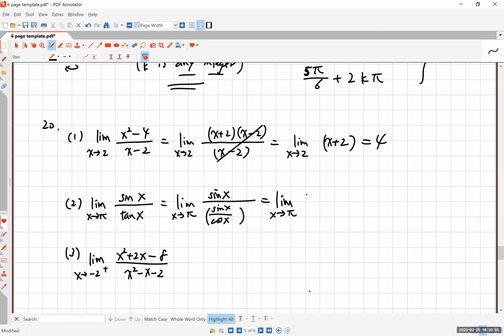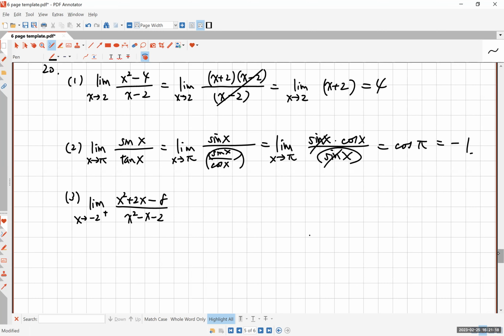So let's write this as sine of x times cosine of x divided by sine of x. This sine of x stays in the denominator, so now this one cancels. Cosine of pi is -1.